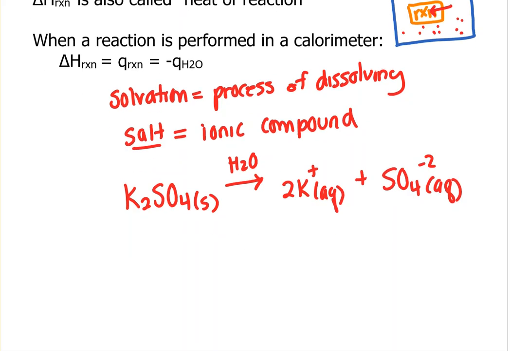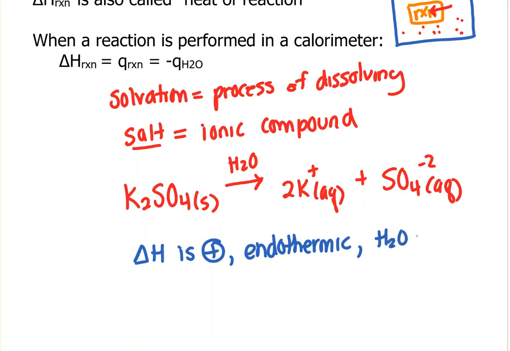A few other things. When you do your calculation, if the heat of your reaction is positive, then is the reaction endothermic or exothermic? And in this case, the water would cool.